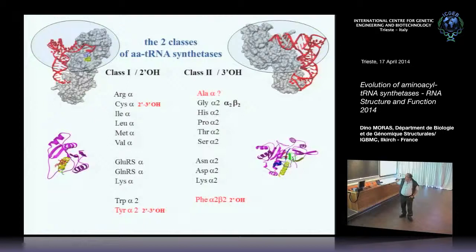What is important is that these are all dimers. We'll see now if the class 2 are obligate dimers or not. If that is a constraint and it has some functional correlation, exceptions must be explained. So we're going to address that question today.